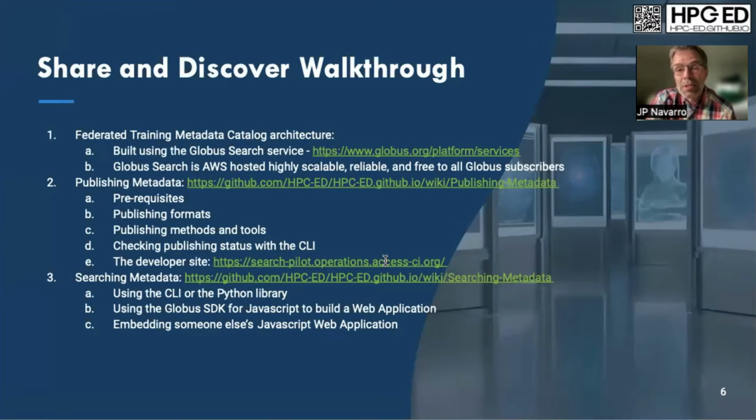This is a portal designed for developers, where developers are either people who are writing the software or running the commands to publish your metadata, or it could be web developers who are building the search interfaces for discovering the training. So either of those developers might be interested in being able to go look in the index to see what's there in the HPC-ED metadata index.